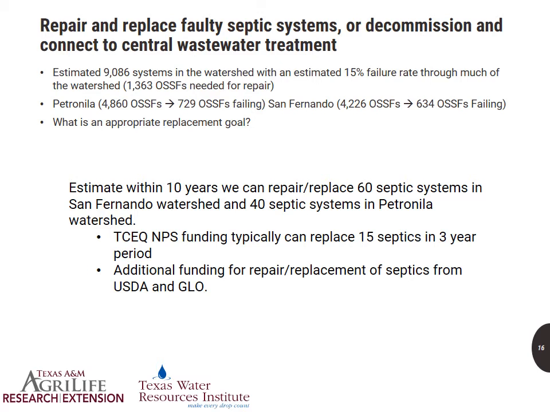We would love to be able to replace all those 1,300, but that's expensive, time consuming, and being able to identify how many there really are can be difficult. So we want a goal for the next 10 years that we feel is attainable. So within our septic system work group, we asked, within the next 10 years, what can we reasonably think that we could repair and replace in the watershed?